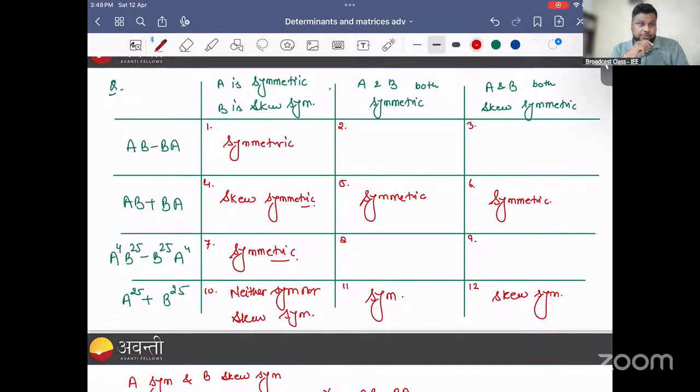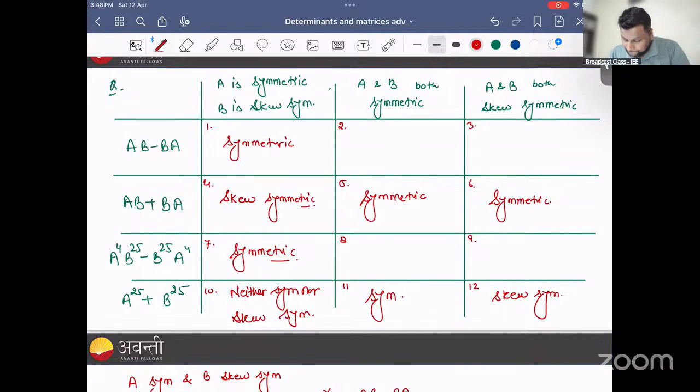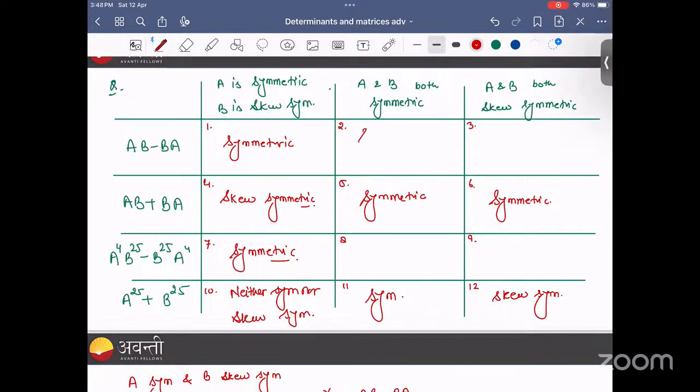Yes, quickly. Second one is skew symmetric, sir. Skew symmetric. Very good.